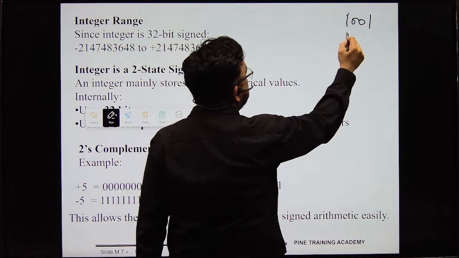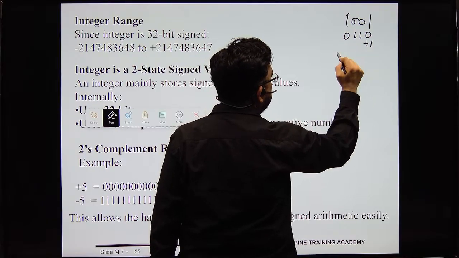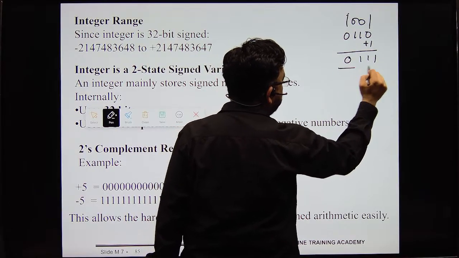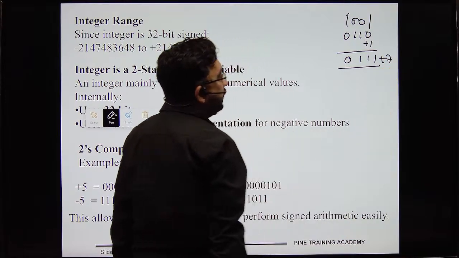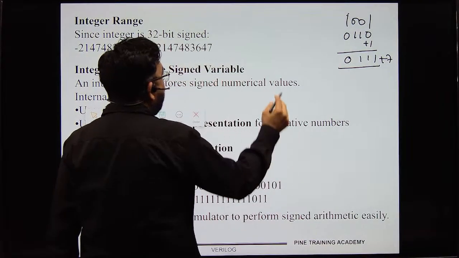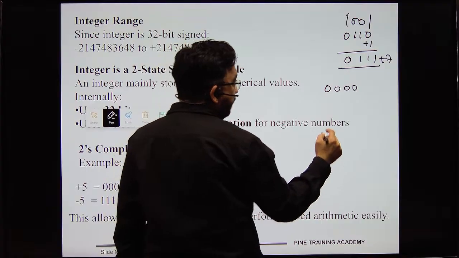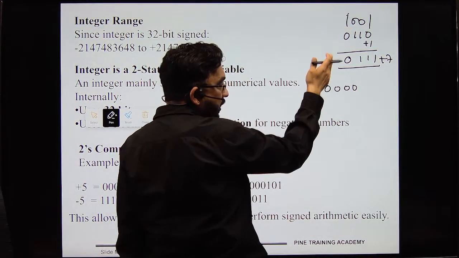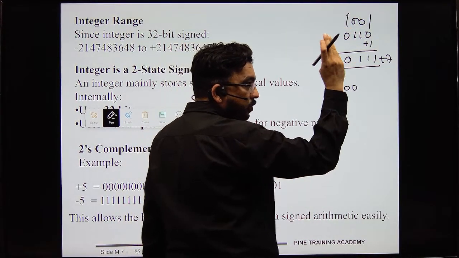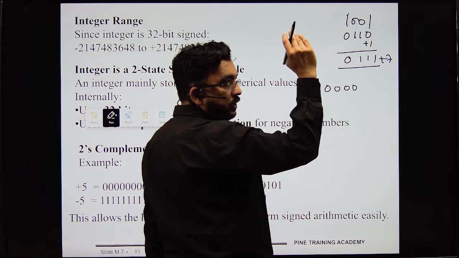So 0110, and if you add 1, you get only 7. So this is a 7. How do we get -7? For this, in the starting only, you have to add 4 more bits, because the closest from 4 is 8. 2, 4, 8, 16, 32, 64, 128.